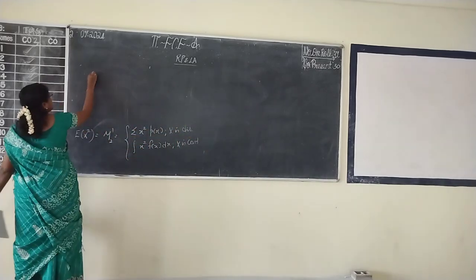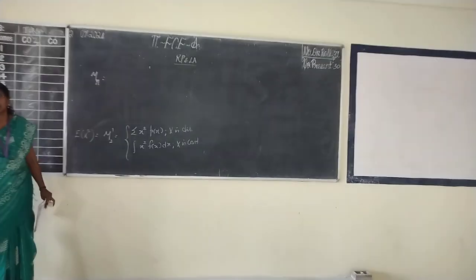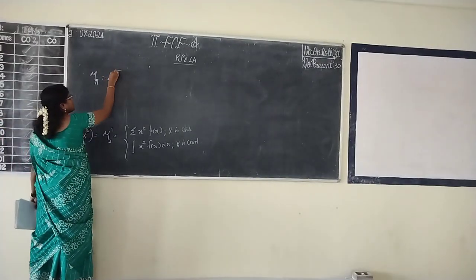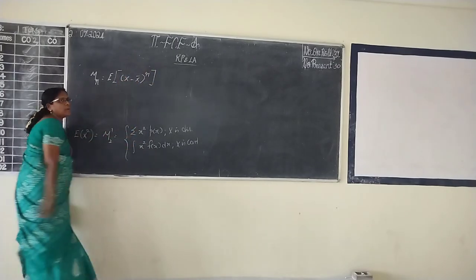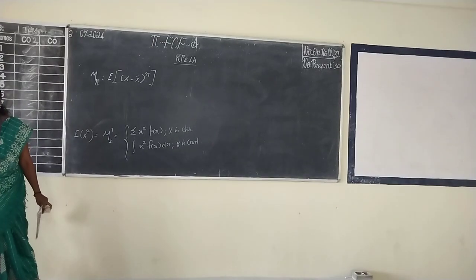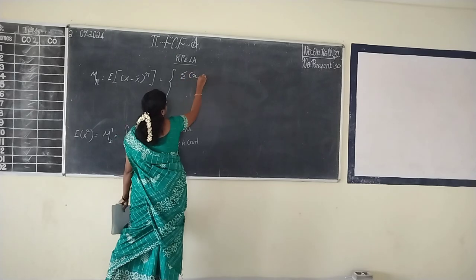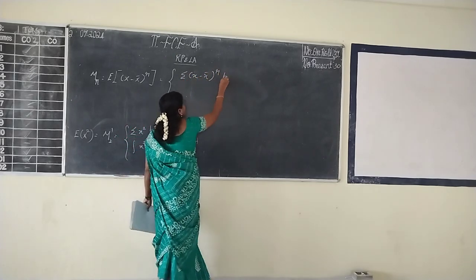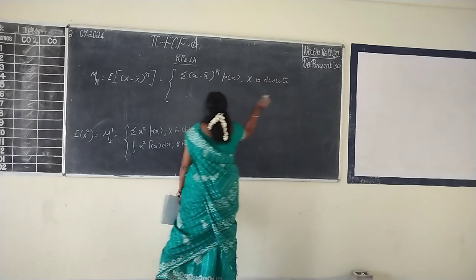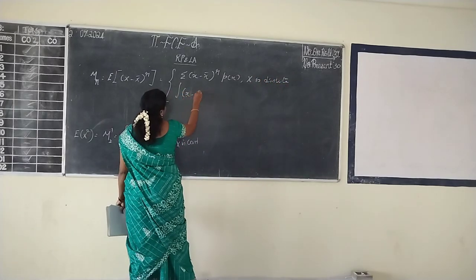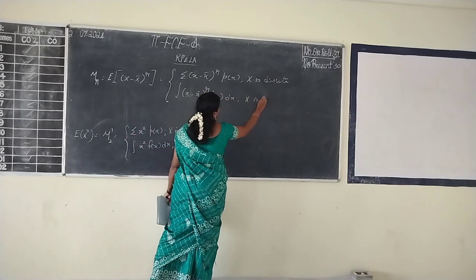For the moment about mean, the notation is mu r, simply mu r. The meaning of this is you are going to find the expectation of x minus x bar the whole power r. So the formula is summation of x minus x bar the whole power r p of x if x is discrete, and integral of x minus x bar the whole power r f of x dx if x is continuous.